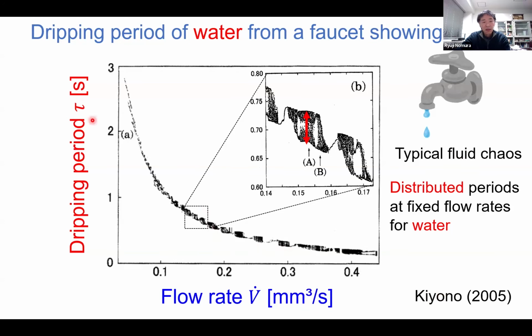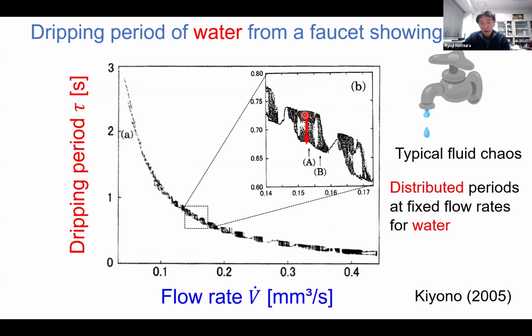They measured the dripping period tau as a function of the flow rate V dot for water, and this is their result. And here's a zoom up. You see that this dripping period tau is widely distributed, even when the flow rate is fixed at this rate. This wide distribution is believed to be the manifestation of chaos for this dripping of water.